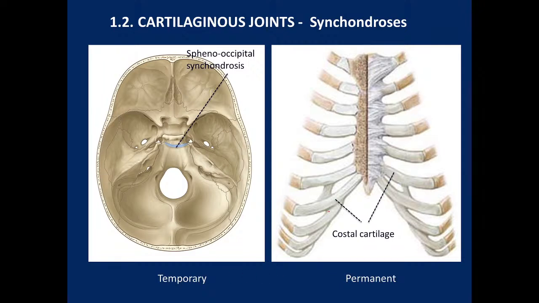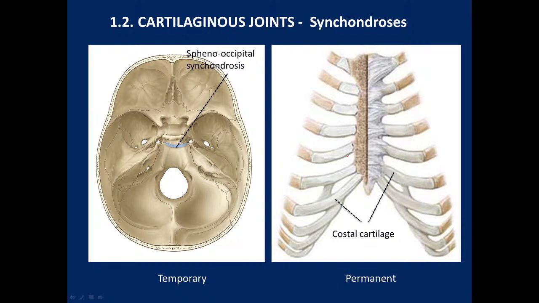It means inside of this cartilage we find strong fibers of connective tissue. So such cartilaginous joints, I mean fibrocartilages, are quite strong in comparison with the hyaline cartilage.